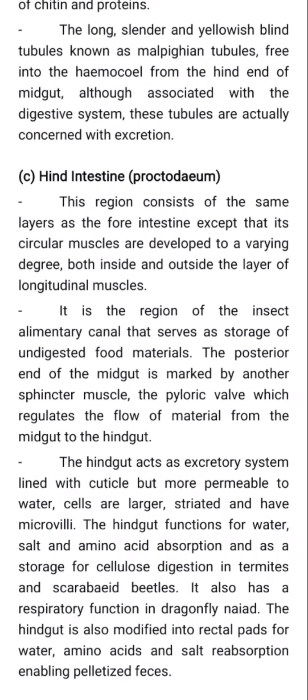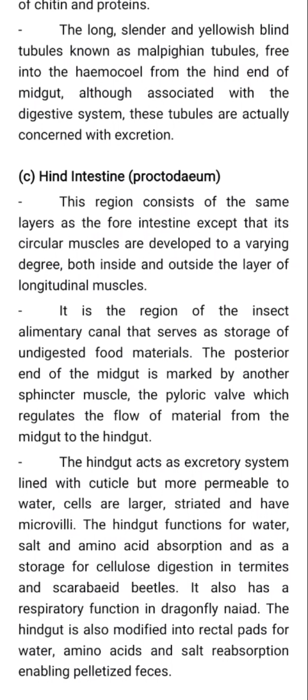The third one is the hind intestine or hindgut. This region consists of the same layers as the foreintestine except that its circular muscles are developed to varying degrees, both inside and outside the layer of longitudinal muscles.